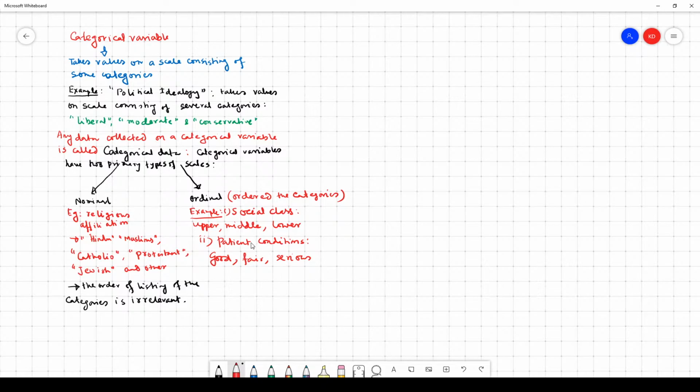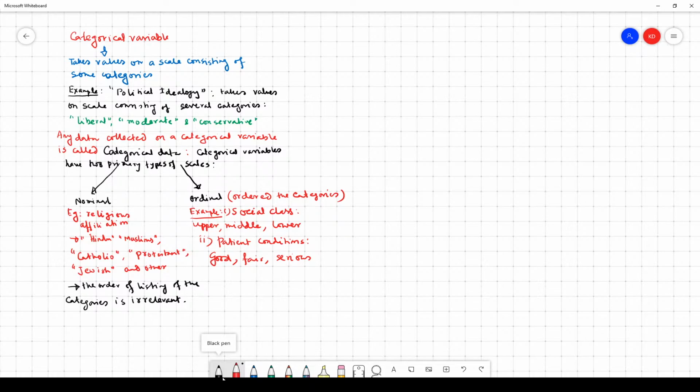Please give me some examples of nominal and ordinal, except these. Please write in the comment section. First, give a nominal example, except religious affiliation.